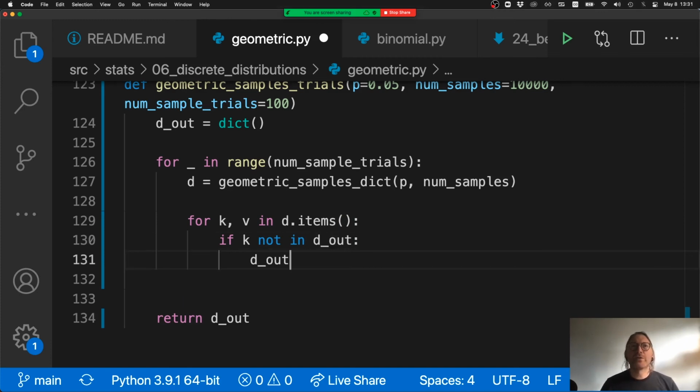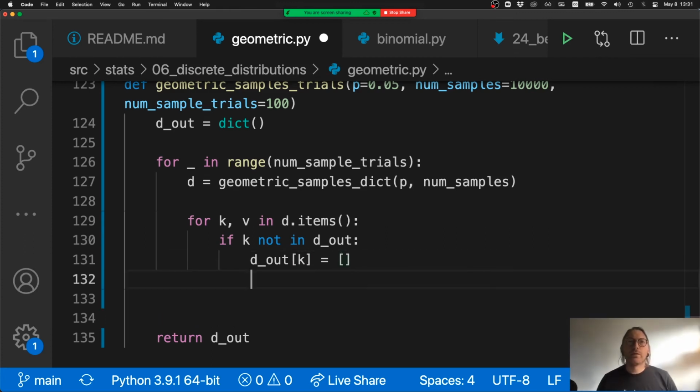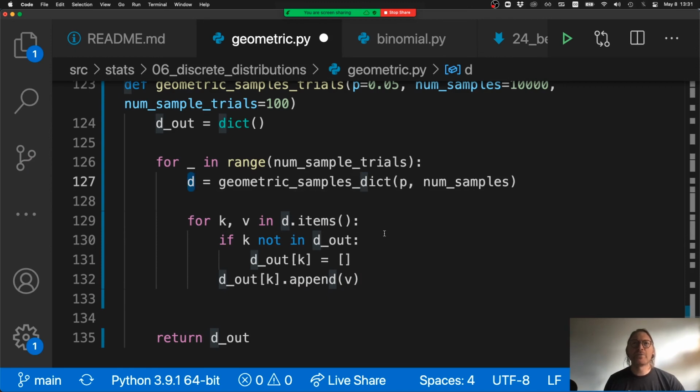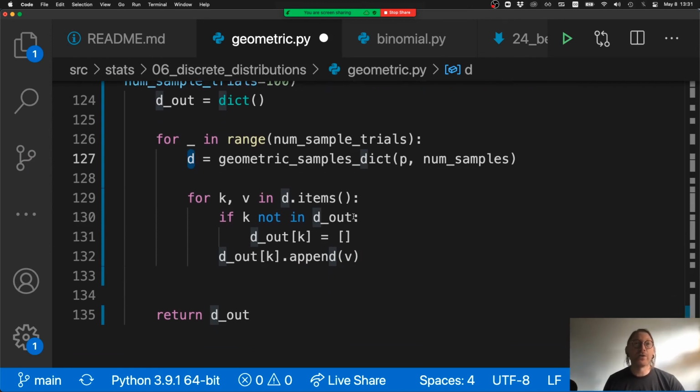Then dout sub k is going to get an empty list. And I like doing this because I want to return the averages. And then in all cases, we're going to append the value to this list. We do that 100 times. D itself is sampling num samples times, which is 10,000 by default.